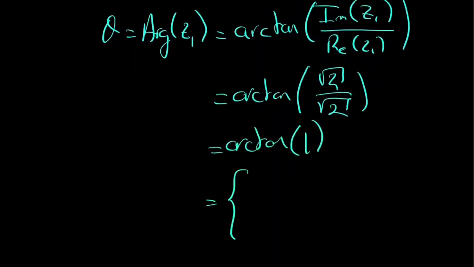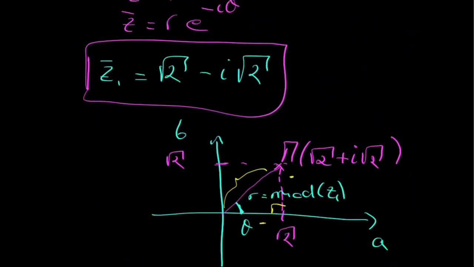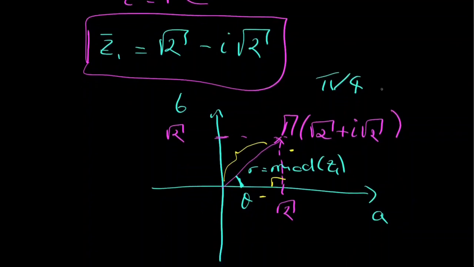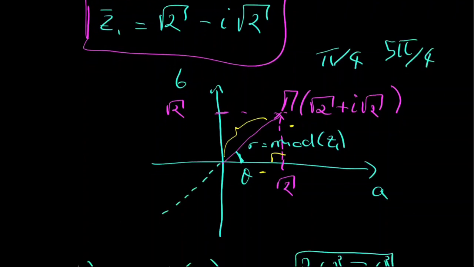So two solutions are possible. The solutions will be pi over 4, here, or 5 pi over 4. So it will be there. But how do we choose which one is the right one?